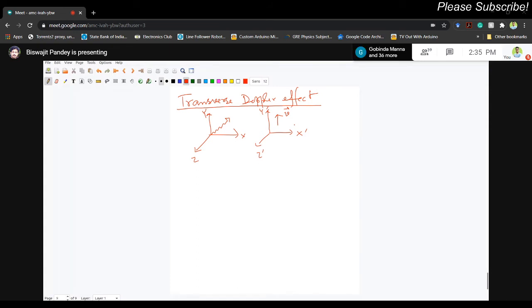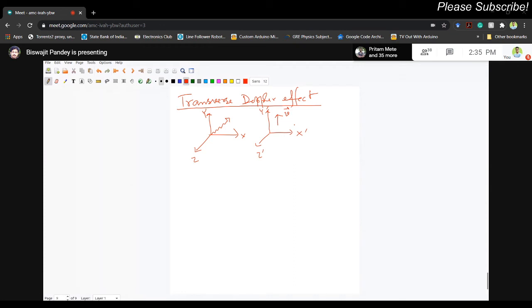Whenever you apply a Lorentz boost along any direction, you will always encounter time dilation and length contraction. And since the time in the two frames will not be exactly the same, neither is the frequency, because frequency is nothing but the inverse of time. If time changes, frequency has to change, right? So in this particular case of the transverse Doppler effect, the change in frequency occurs due to time dilation only. This is purely an effect of time dilation, nothing else.